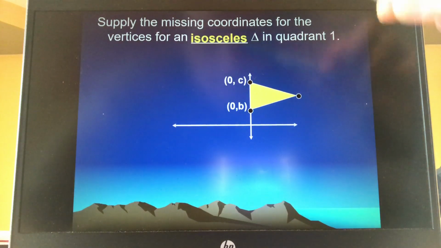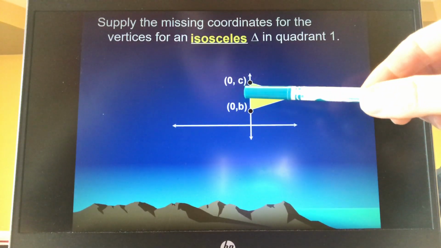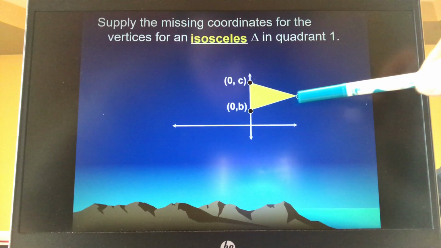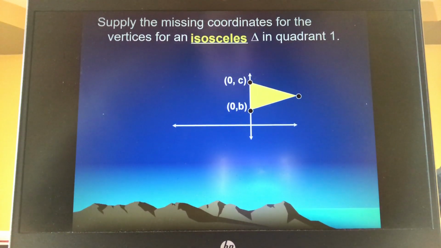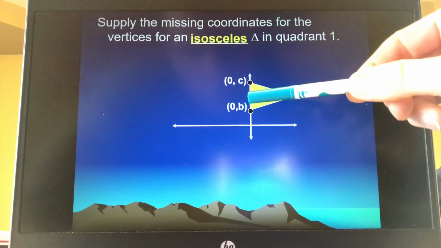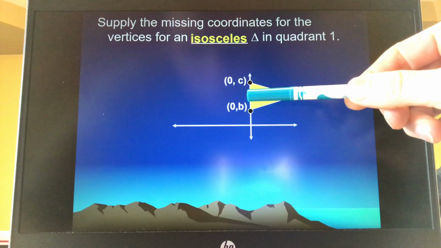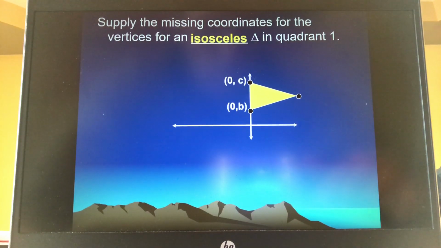And if you understand symmetry, you can try this on your own. If you understand symmetry, this line of symmetry that goes this direction across has to hit the midpoint right here. This is now relating the midpoint formula to what we're doing. The midpoint here would be 0, comma, and it would have to relate to B and C. So most people can figure this out.